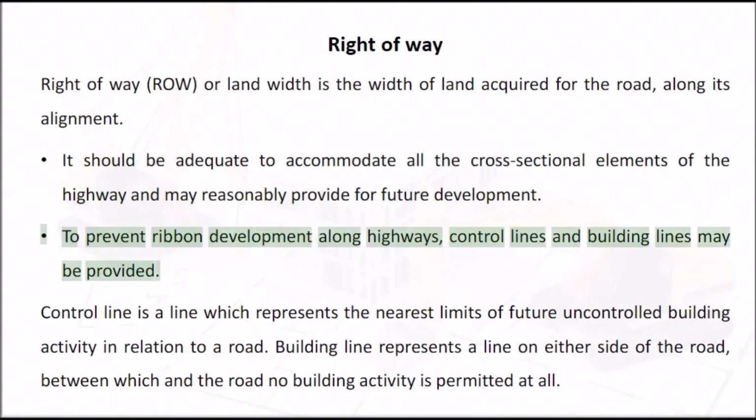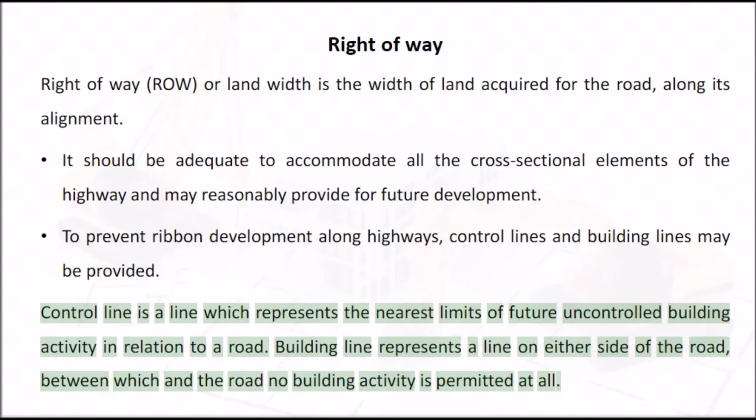To prevent ribbon development along highways, control lines and building lines may be provided. Control line is a line which represents the nearest limits of future uncontrolled building activity in relation to a road. Building line represents a line on either side of the road, between which and the road no building activity is permitted at all.